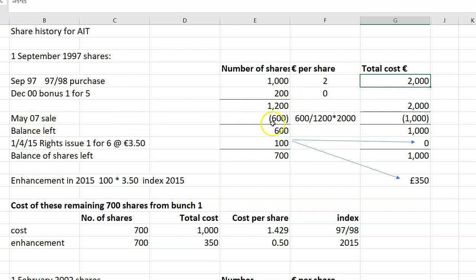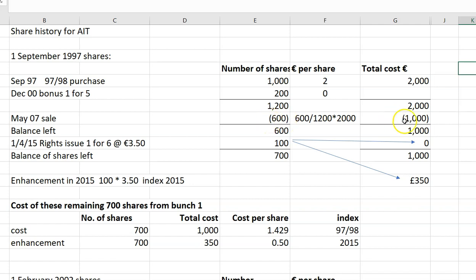On the sale of 600 shares, sometimes people forget to take out the cost. The easiest thing to think of is 1,000 shares at 2,000, and it's gone up now to 1,200, and there's still 2,000 cost, because the bonus issue doesn't do anything, only increase the number of shares that you own.